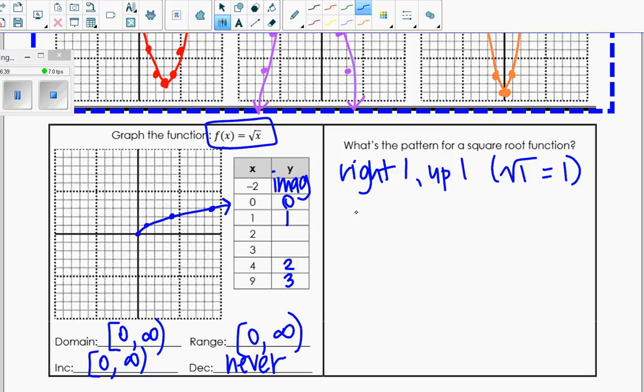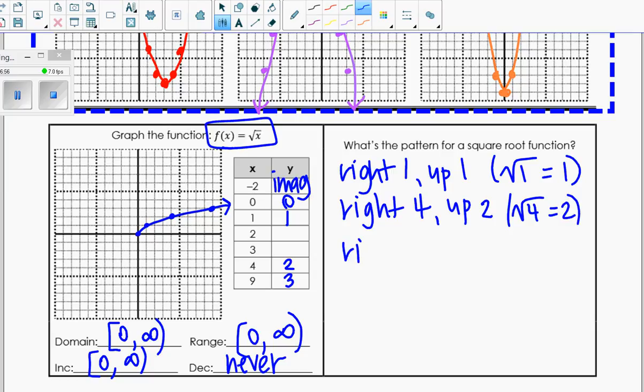If you go right 4, you're going to go up 2 because the square root of 4 is 2. I don't care about an input of 2. I don't care about an input of 3.